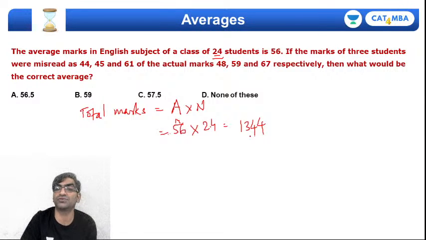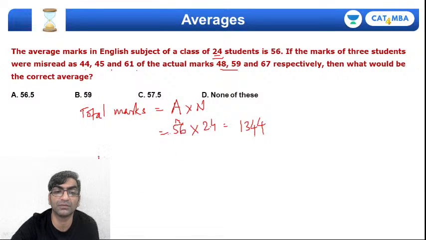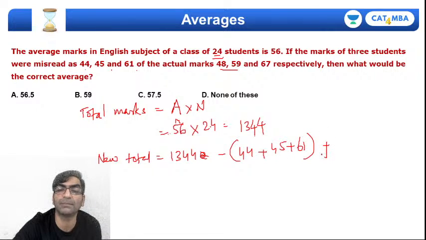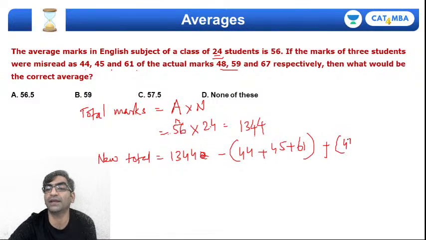But the marks of 3 students are misrepresented: 44, 45 and 61 instead of this. So what you'll do is the new total will basically be from 1344 you subtract these, right? You'll subtract 44, 45 and 61, and then you replace them with 48, 59 and 67.